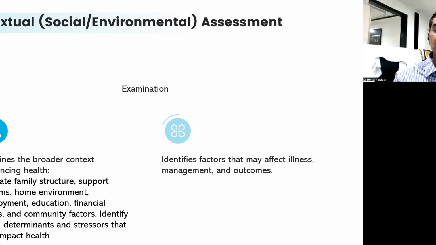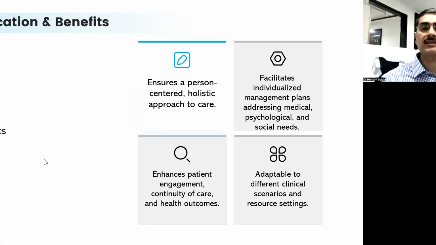So in short, we identify the factors that may affect illness management and its outcomes. Why should we follow this approach at all? Because it ensures a person-centric approach and gives us a holistic approach to care.